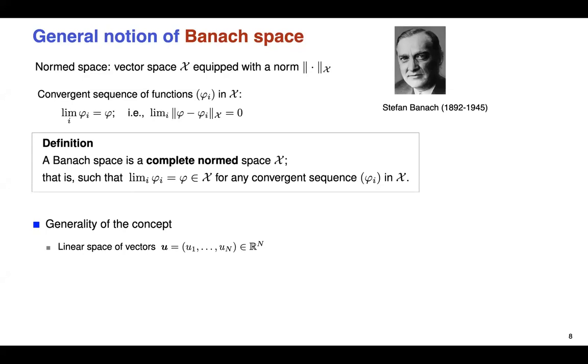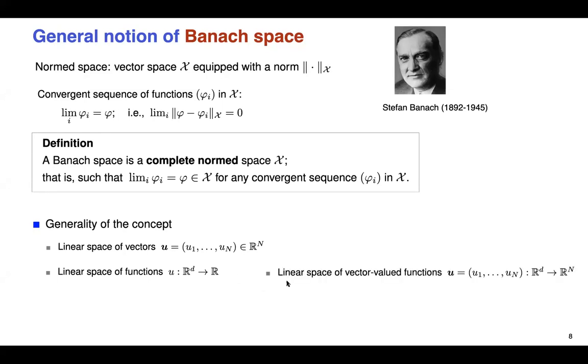Now, the fantastic thing with Banach spaces is that it's really general. The simplest case is just if you are in R^n, so finite dimensions, but you can also have spaces of functions, and that's more what we're looking at in machine learning. But you can also have spaces of vector valued functions. So here we're going from R^d to R^n, and that's also very relevant to machine learning.